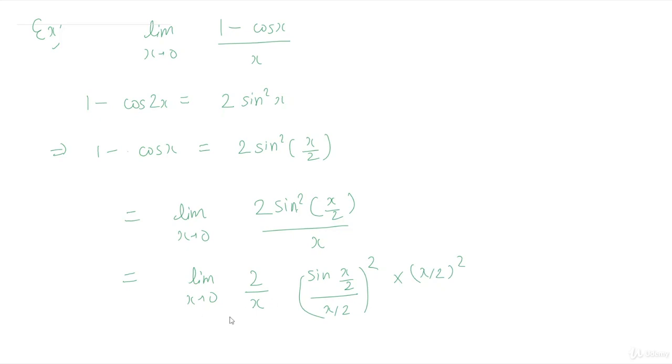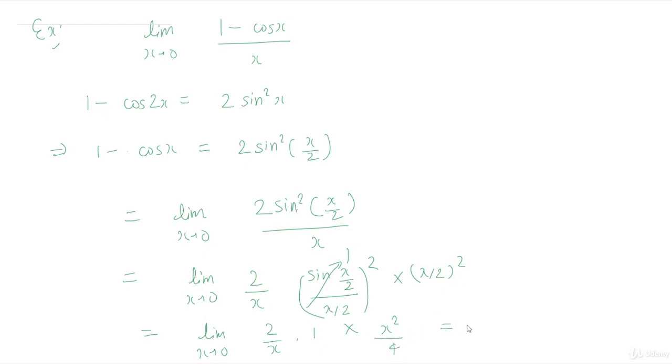And now look at this. Limit x approaches 0 of sine x by 2 over x by 2 will approach 1, as you can relate from the first identity. So we can make this thing 1, and this whole thing will become limit x approaches 0 of 2 by x multiplied by 1 multiplied by x square by 4, since this was x by 2 whole square.